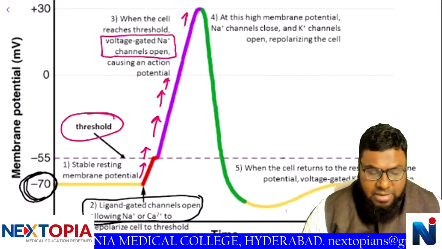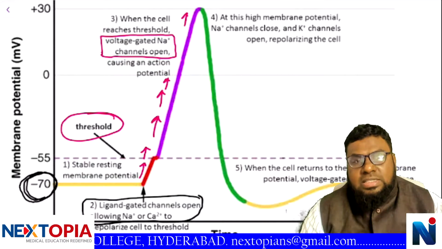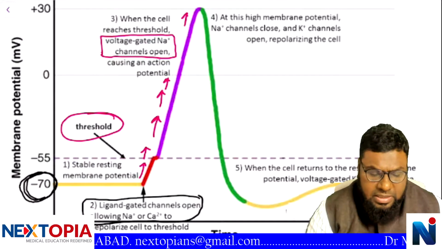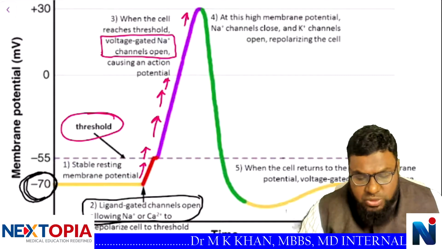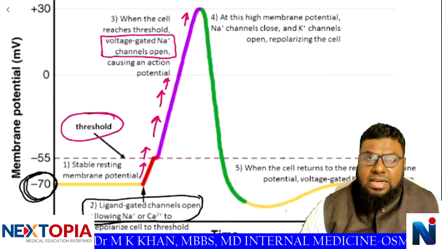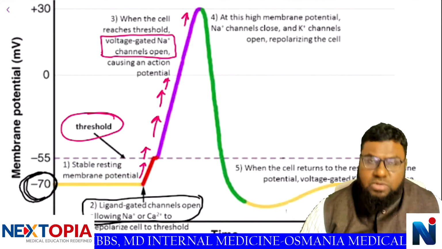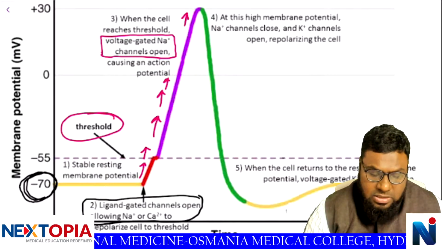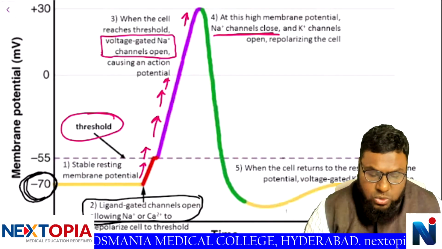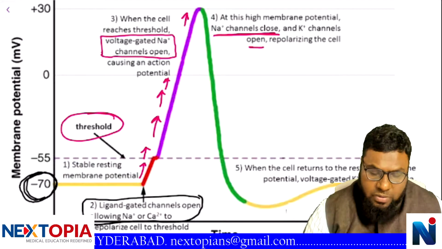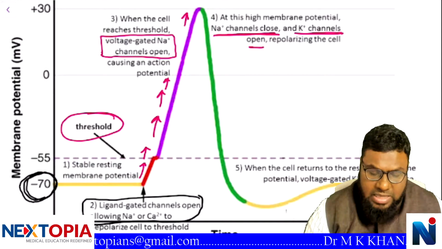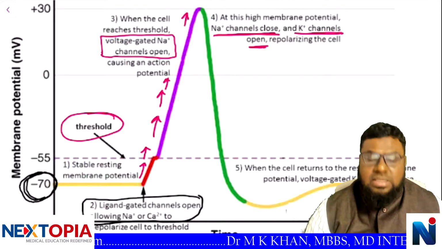Now at one point, once all the charges have reached maximum potential saturation, once the entire cell is saturated, the sodium channels close. And the potassium channels are always open because they are ungated. Last class I told you ungated potassium channels are open.